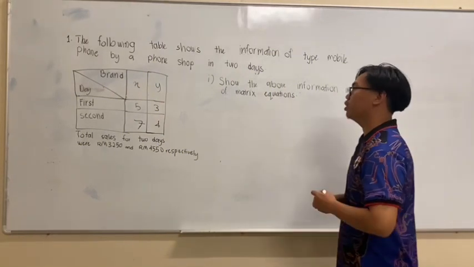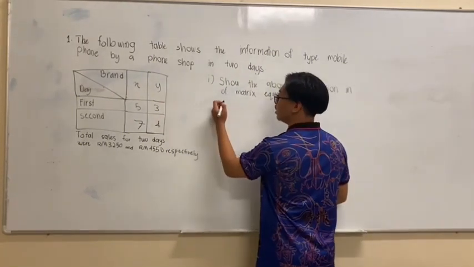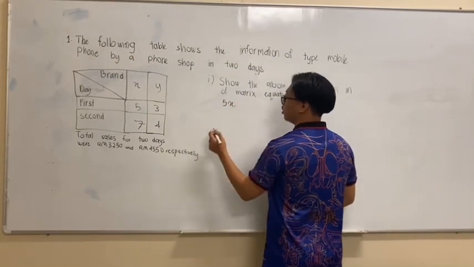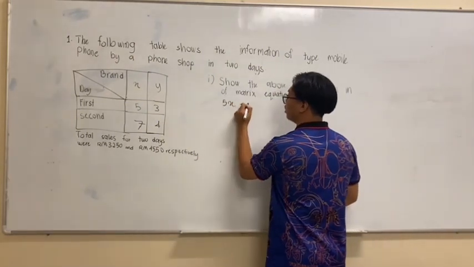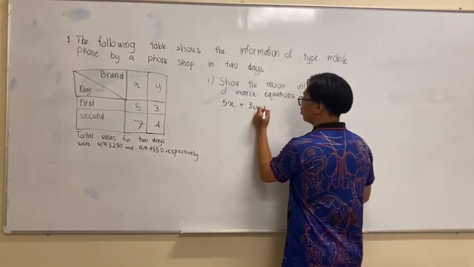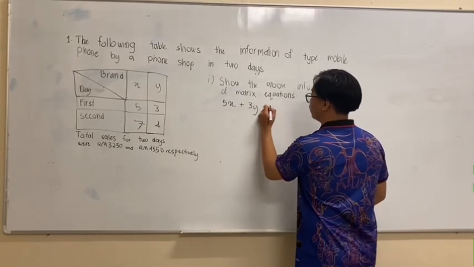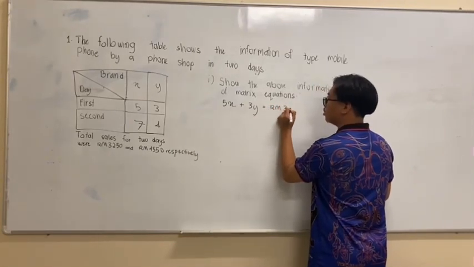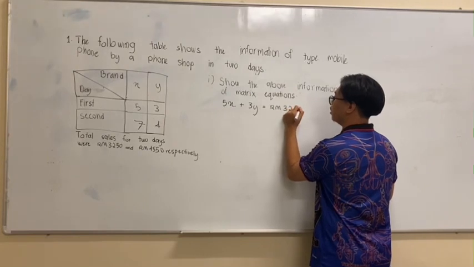Let's do it. Firstly, 5 units of brand X and 3 units of brand Y are sold, and the total sales is 3,250 ringgit.